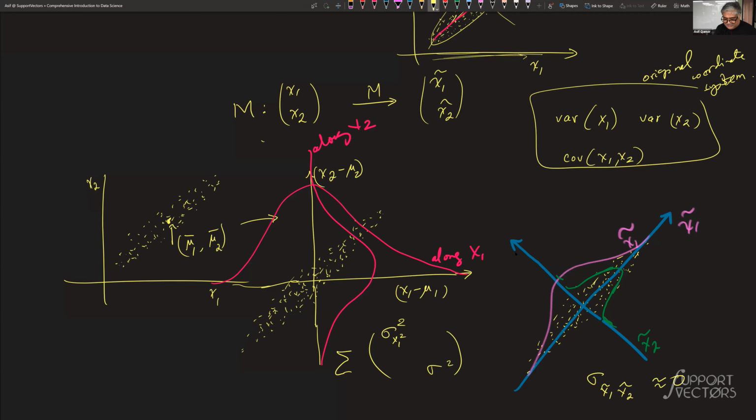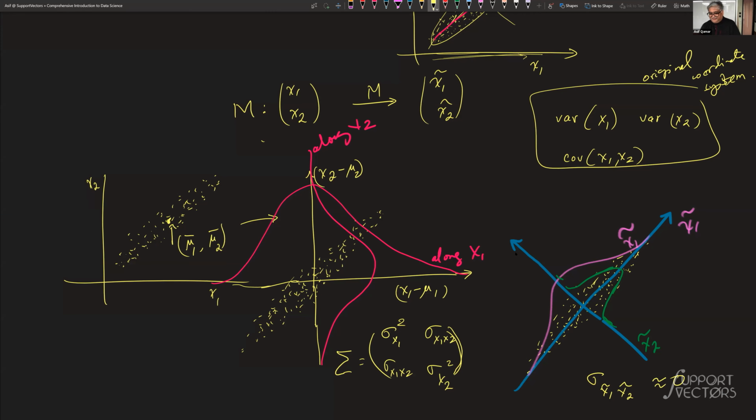Let me make it sigma x2 square, and sigma x1 x2, sigma x1 x2. This is your covariance matrix. Do you remember that? It's just a fancy way of saying there are three things that matter: the variance along the x1 direction, the variance along the x2 direction, and the covariance between the two, x1 x2. That is what is captured here, right?